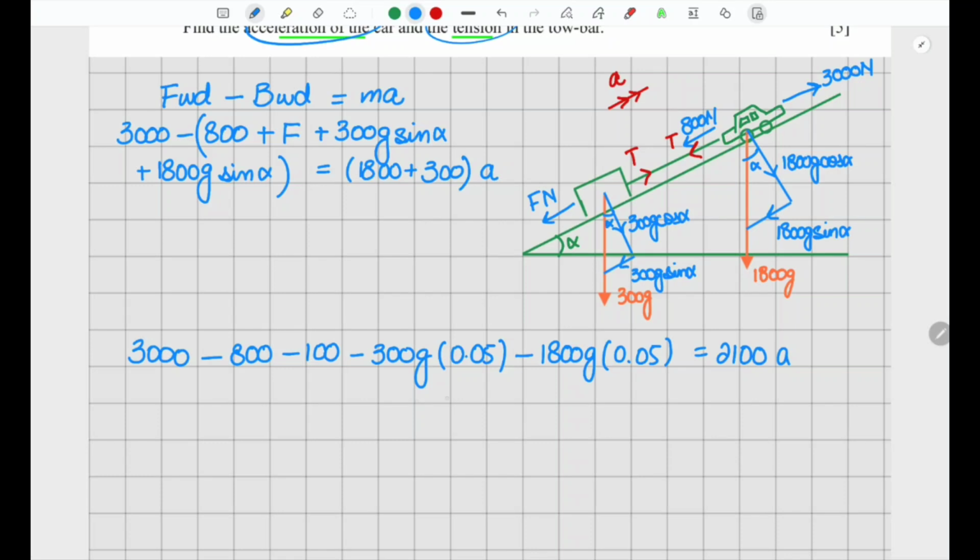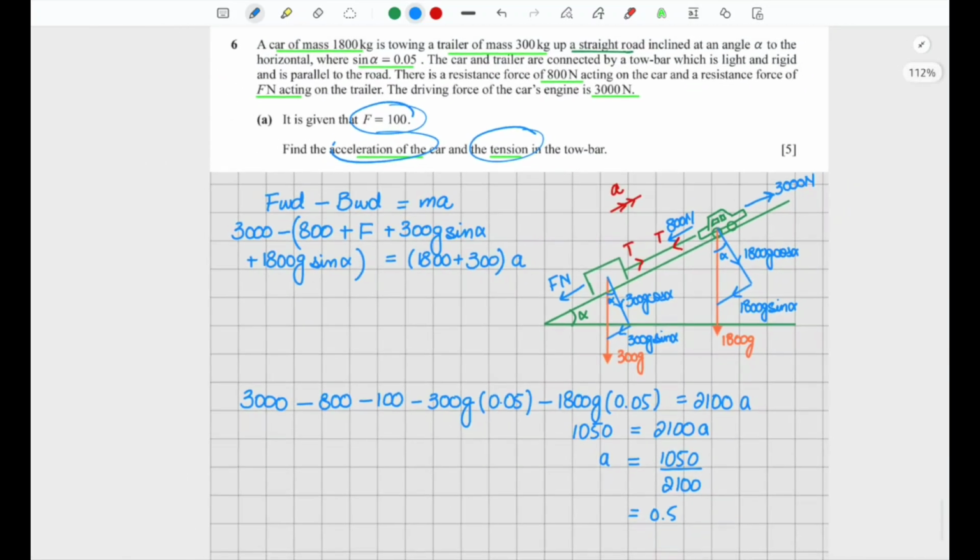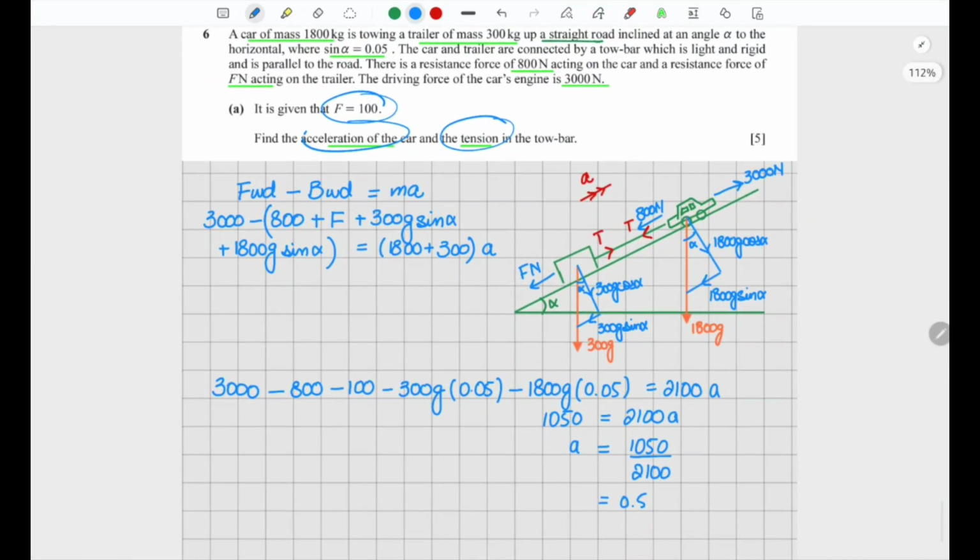If we directly calculate it with a calculator, we are left with 1050 equals 2100 a, and acceleration will be equal to 1050 over 2100, that is 0.5. So we get the acceleration.